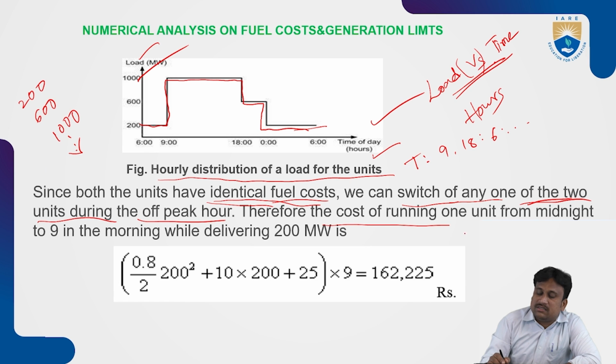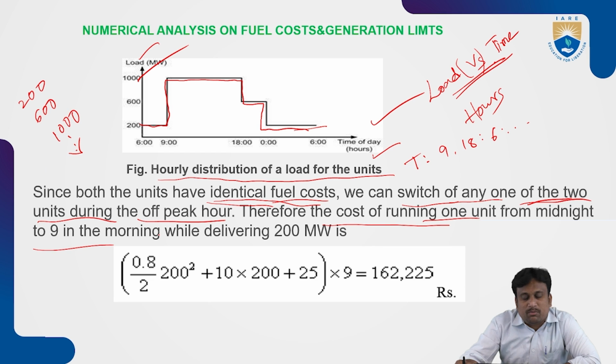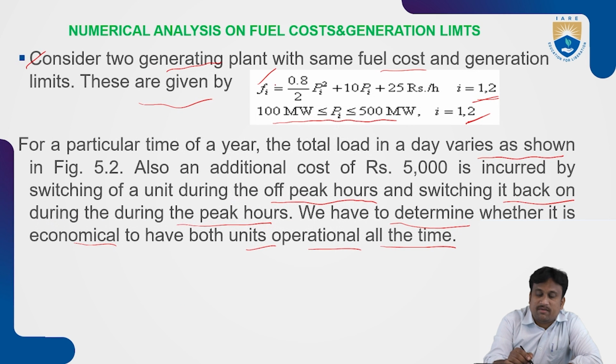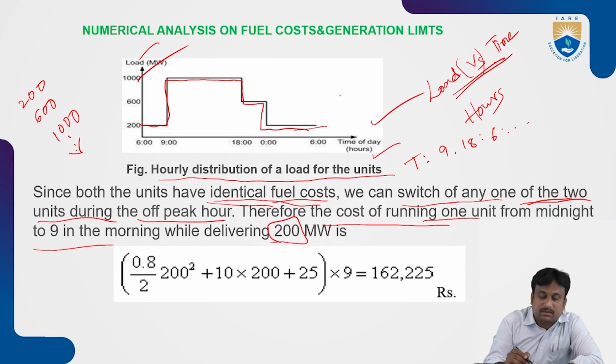Therefore the cost of running 1 unit from midnight to 9 in the morning while delivering a load of about 200 megawatts is as follows. It is already given with Fi equals 0.8 by 2 Pi square plus 10 Pi plus 25 rupees per hour. Here the load during the delivering period is about 200.